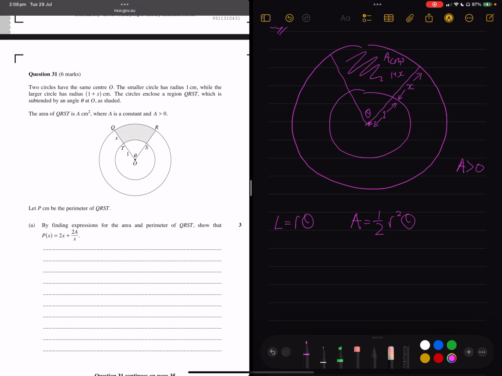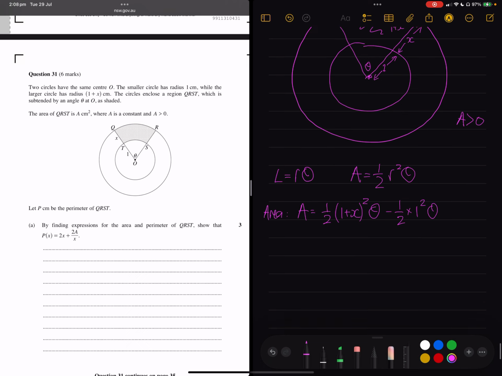So first we'll do the area. The area is going to be the area formula for the full radius minus the area formula for the small section. We'll do the whole wedge minus the little wedge. So total area is the big area, 1/2 times the radius squared, which is (1 plus x) squared, times the angle theta, minus the little wedge, 1/2 times the radius, which is 1, squared, times theta.